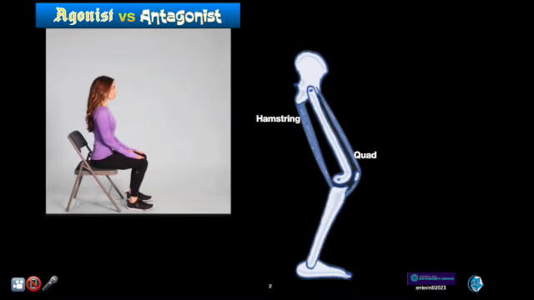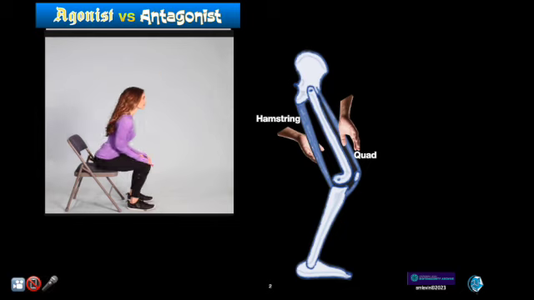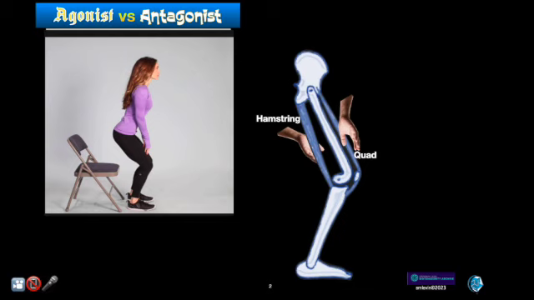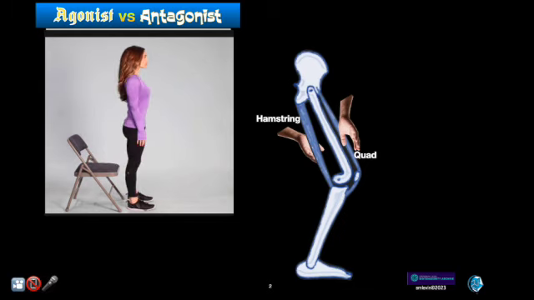Let's start with agonists and antagonists. Quadriceps and hamstrings are antagonistic to each other, right? Now put one hand on your anterior thigh and your other hand on your posterior thigh and stand up. It should be obvious to everyone that the hamstrings and quadriceps contract simultaneously.